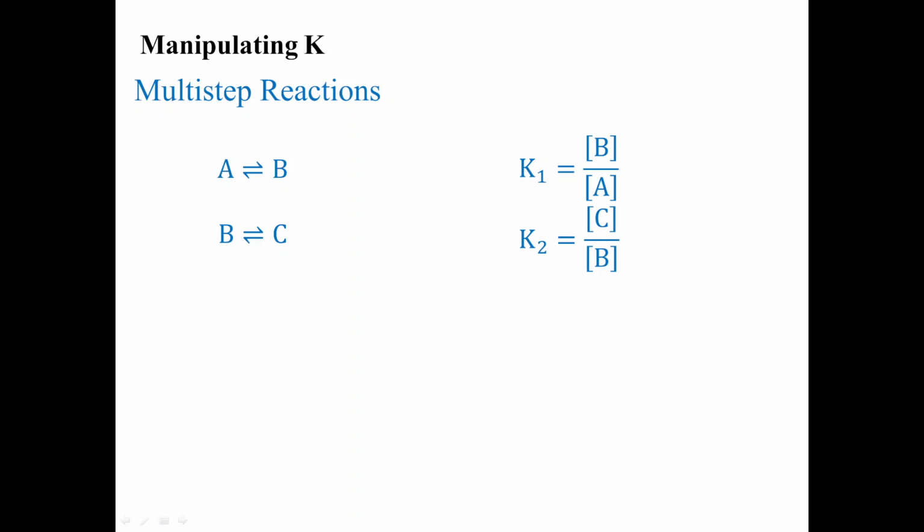So if we want to look at the overall reaction, we could say we add up all of our reactants. So we'll add up everything on the left side of both reactions, so A plus B, yields everything on the product side.